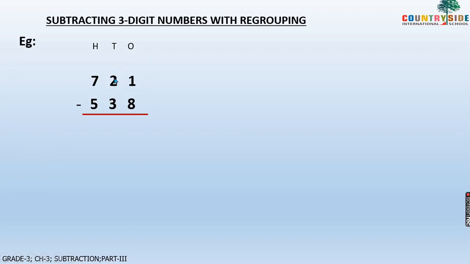If we are taking 1 from this 2, this will become 1 and here it will become 11. Now 11 minus 8 is equal to 3.